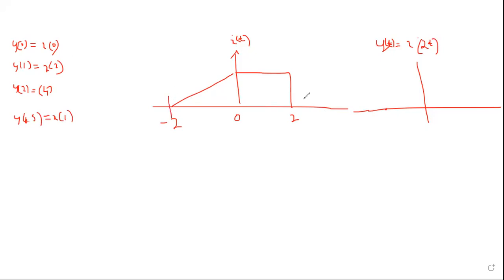At 0.5, you get whatever the value of x at 1. So contrary to what I believed, when I said y of t equal to x of 2t, the signal did not expand, but got compressed.